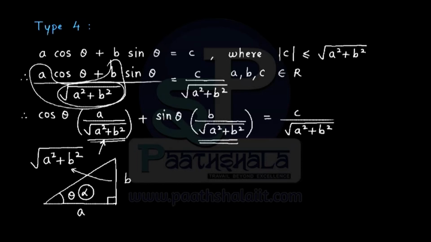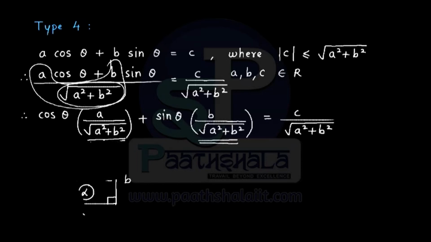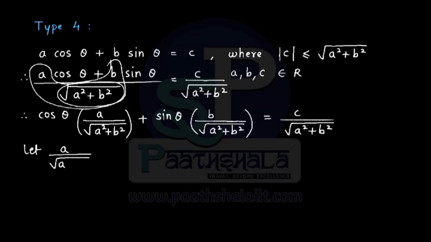So that is how we write the further step, by saying that let a upon root of a square plus b square is equal to cos alpha, right? Which implies that b upon root of a square plus b square is sine alpha.